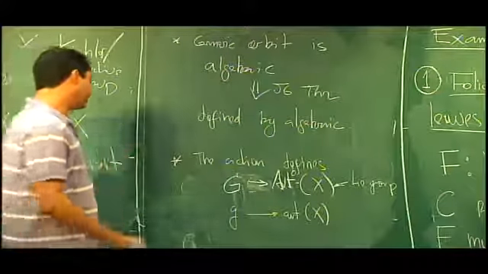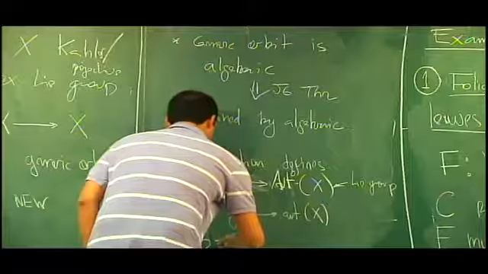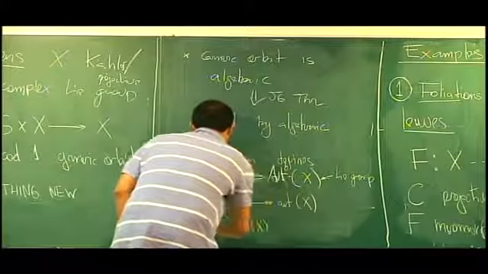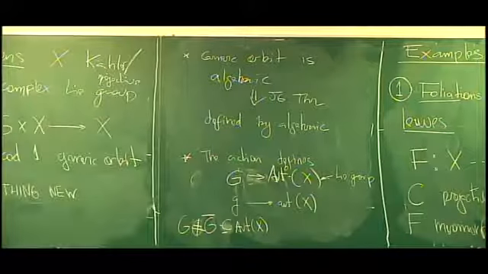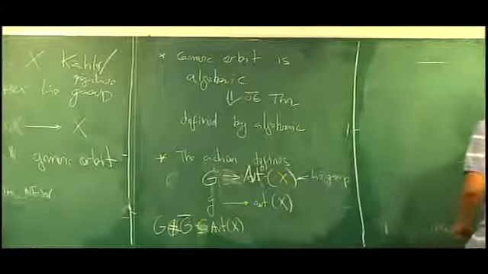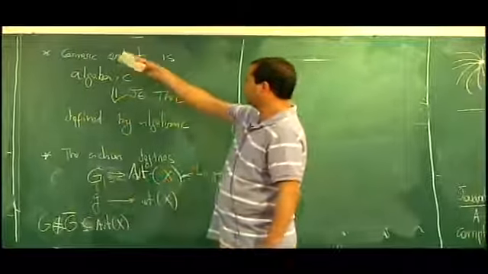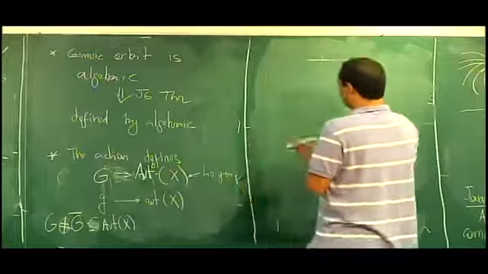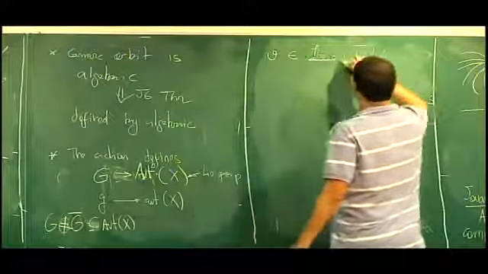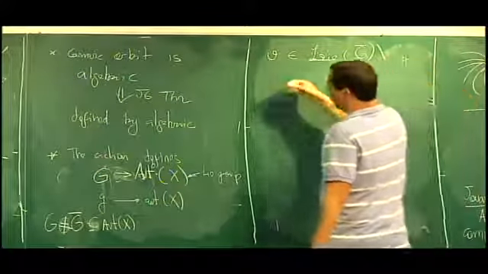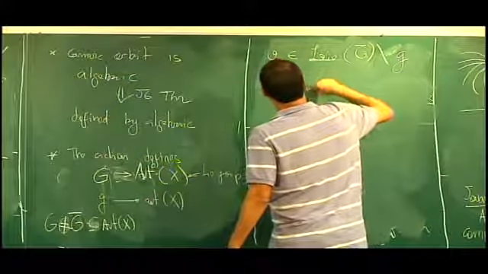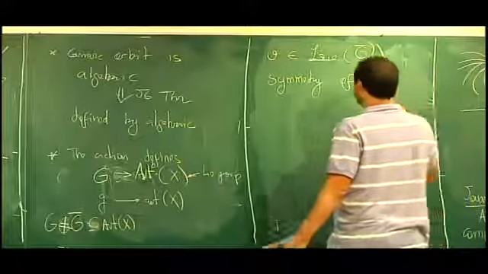And so when you have that G or phi, and G bar, the closure of G in Aut X, is different from G, then we can produce either G bar has generic orbit algebraic, and we are done, or we can produce a V in the Lie algebra of G bar, but which is not in the Lie algebra of G, which is a symmetry of the foliation F, the foliation induced by the action.